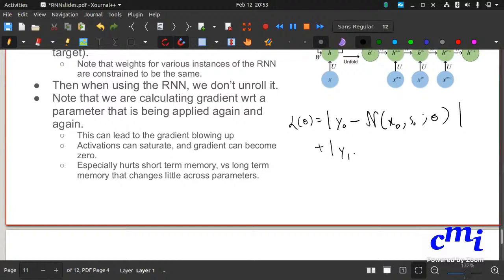And y1 should be close to, okay, take the network, take s1, and again remember s0 is again the output of the previous application of the network, right? So I'll nest it in here. Okay, take s0, x0, s0 given theta, whole thing given theta, right? And then so on and so forth.